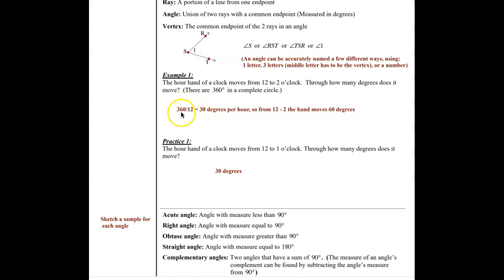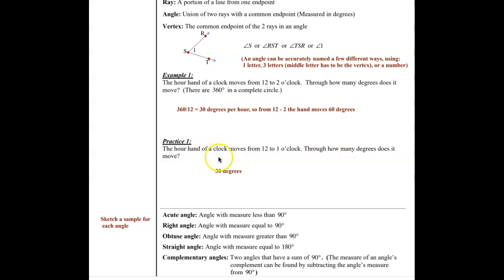So if you take 360 and divide by 12, you come to the conclusion that there are 30 degrees of movement between each hour. Between 1 and 2, 30 degrees. Between 2 and 3, 30 degrees, and so on. So from 12 to 2, the hand moves 2 hours, so it moves 60 degrees. 2 hours times 30 degrees per hour gives me 60 degrees.